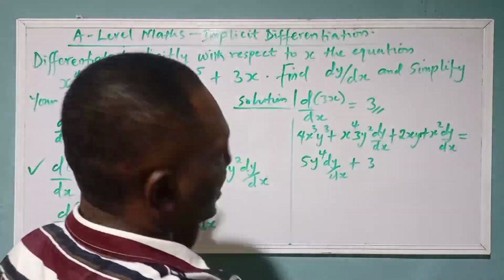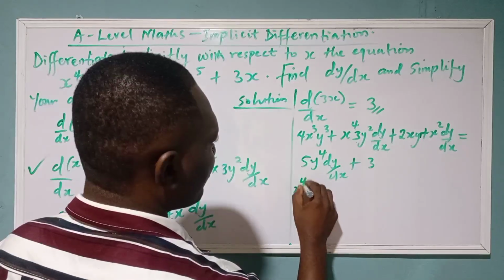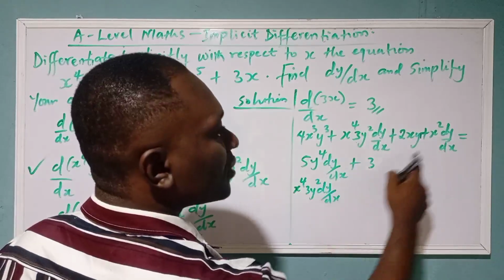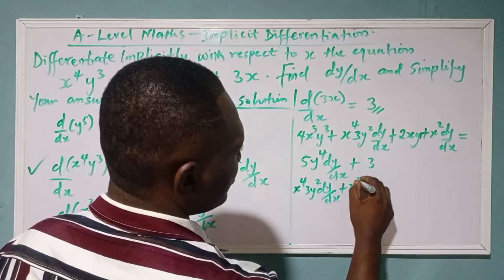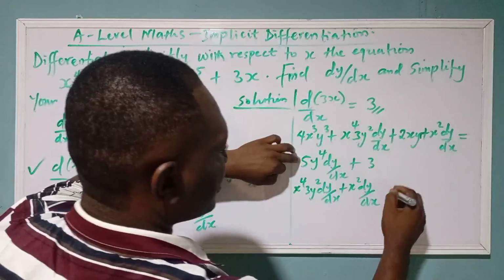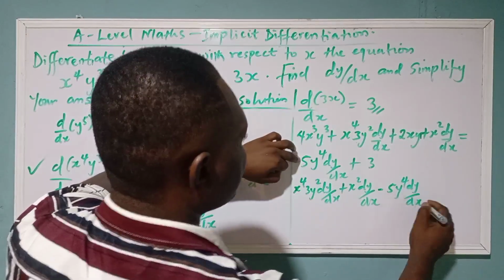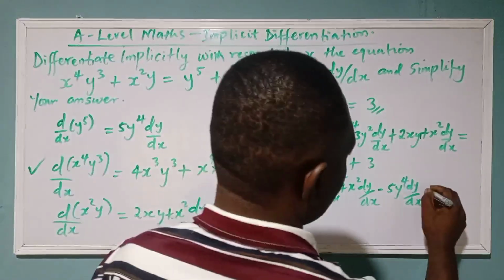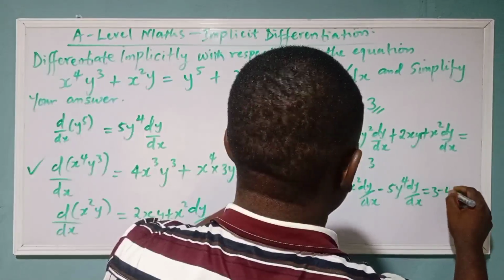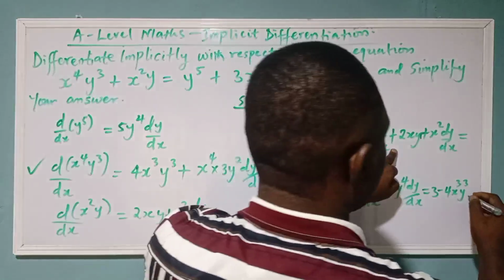So we'll have x raised to the power of 4, 3y raised to the power of 2 dy/dx, plus x raised to the power of 2 dy/dx, and crossing the equality sign, minus 5y raised to the power of 4 dy/dx. On the other side of the equation, we have 3, and minus 4x cubed y cubed goes across, and minus 2xy also goes across.